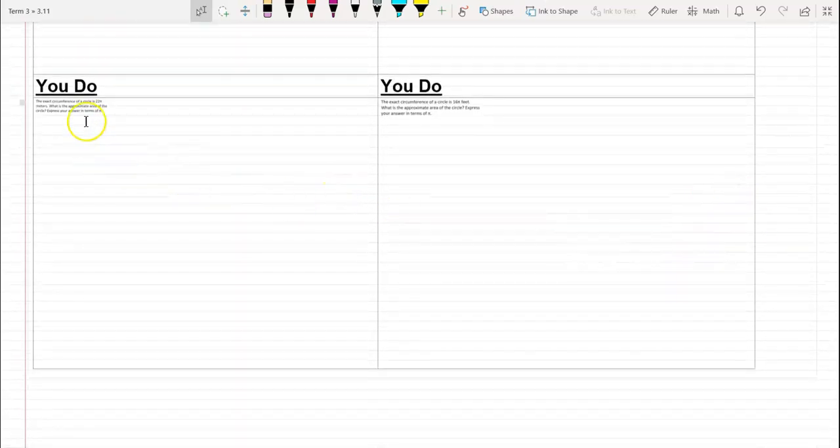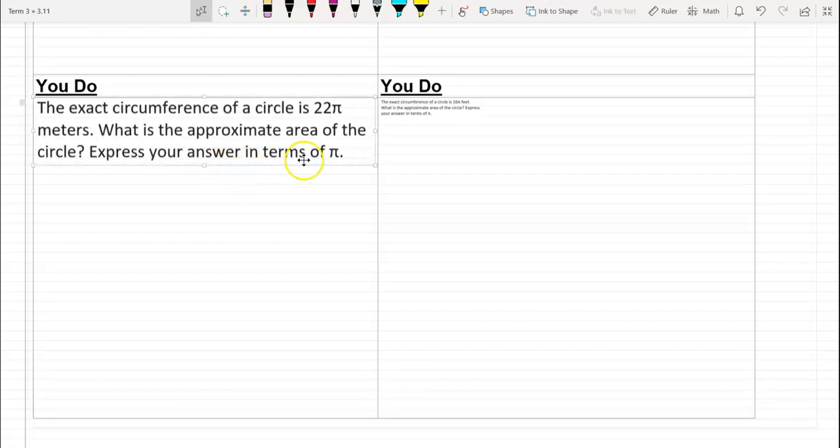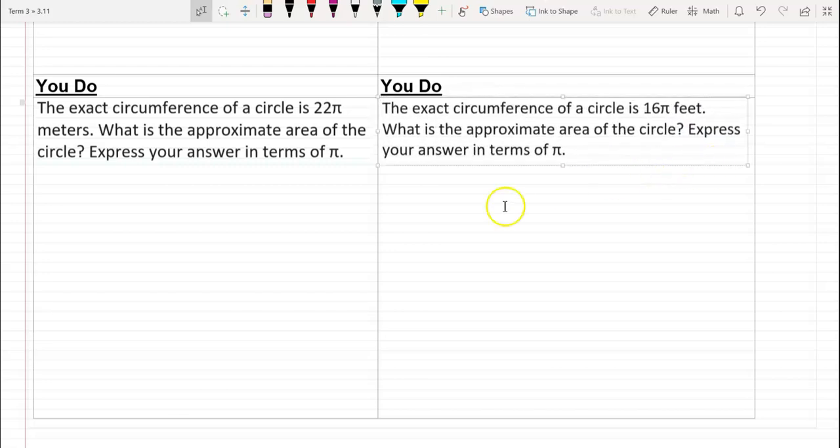All right, so let's move on to our you do problems. Go ahead and pause the video, work those out. So here we have a circumference of 22 pi. We're going to use our circumference formula to find the radius. So C equals 2 times pi times radius.